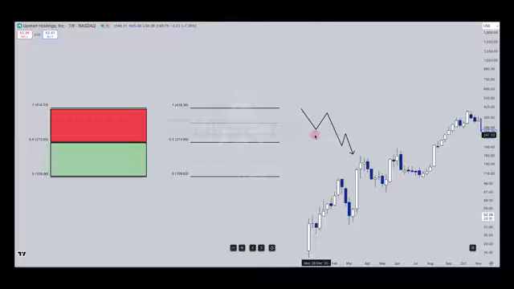You remember the principle I told you? Institutions want to sell premiums.